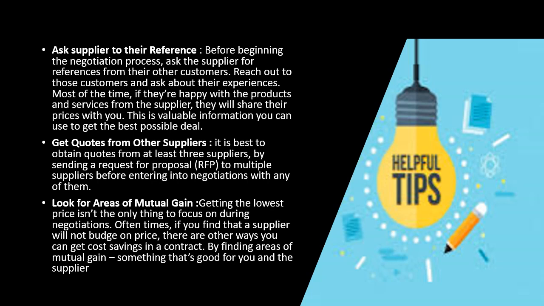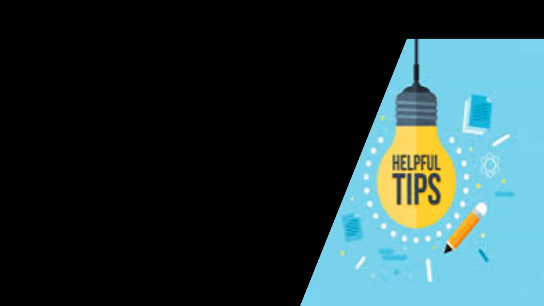Sometimes a vendor gives a 1 year warranty as standard, but you can also demand a 2 year warranty on the same price, or on the optimized price. So in this way you can get cost saving in terms of contract. You have to find out which areas you won't compromise on and which areas you can compromise on, before going to the negotiation table.